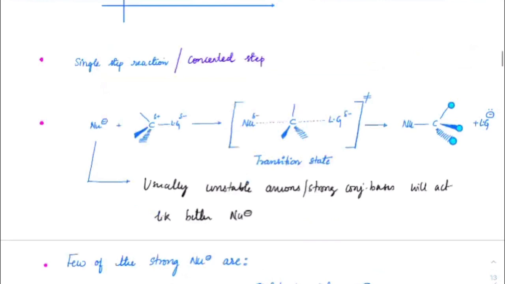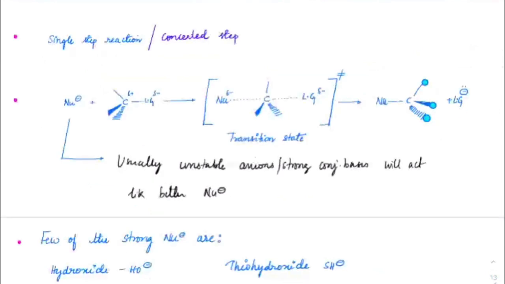They usually act like better nucleophiles because it has to be a simultaneous reaction. So the nucleophile has to attack at the same time the leaving group has to go. So the strength of the nucleophile decides it: if the nucleophile is a stronger one, it will definitely give a better reaction, or a better SN2 reaction.